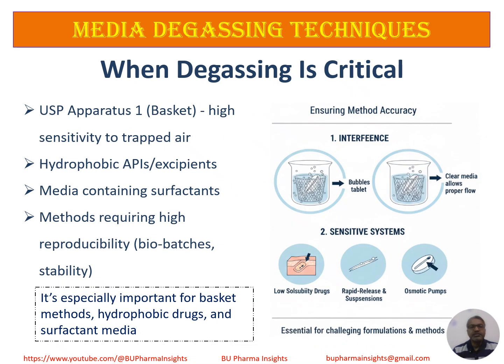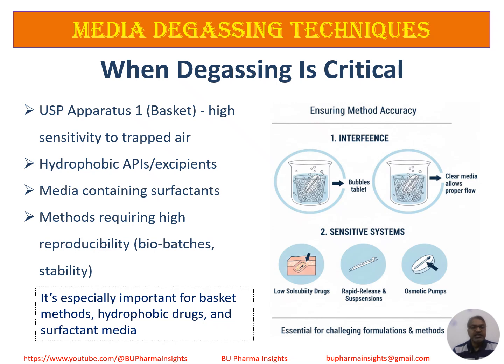Trapped air bubbles are a major issue in basket methods. Bubbles inside the basket can cause floating, delayed wetting, or slow disintegration of the dosage form. This problem is worse for hydrophobic drugs, which naturally repel water, allowing bubbles to persist longer. Even when surfactants are used to reduce surface tension, they can trap microbubbles if the medium is not properly degassed.